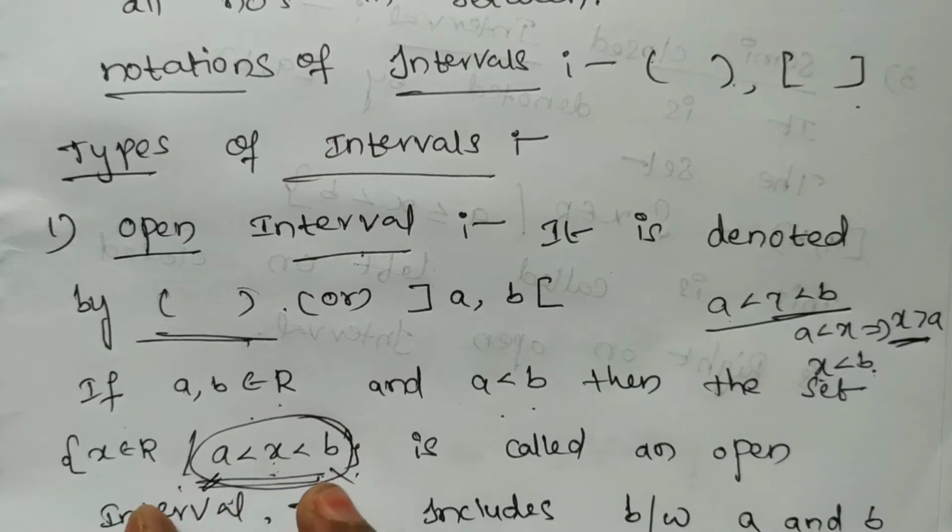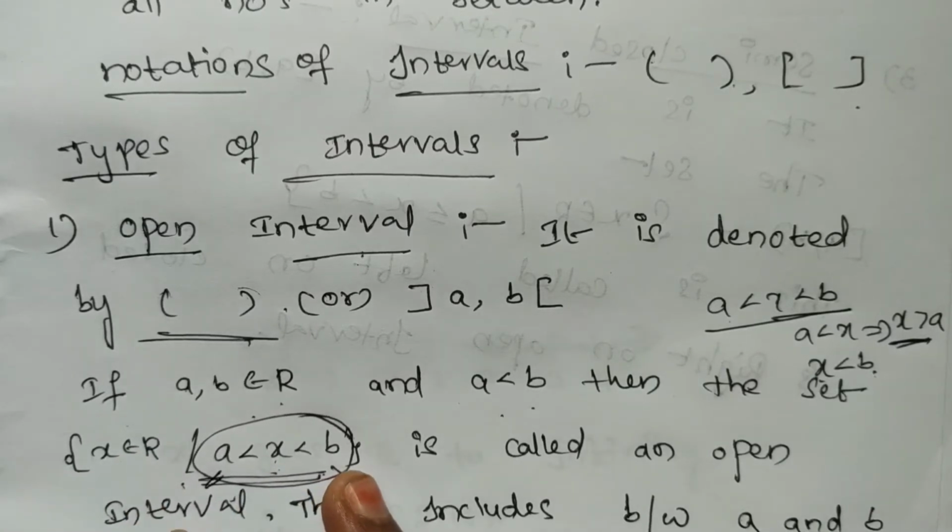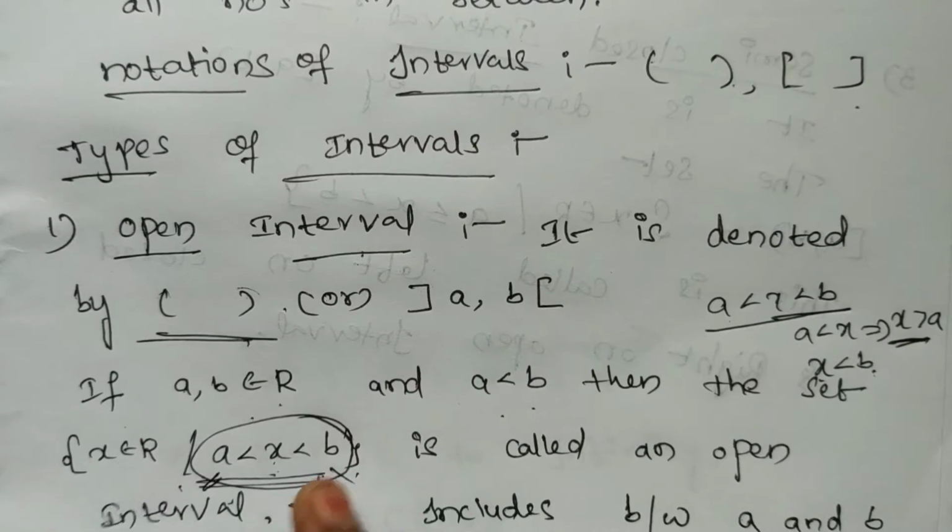An open interval includes the values between A and B but not the end points.